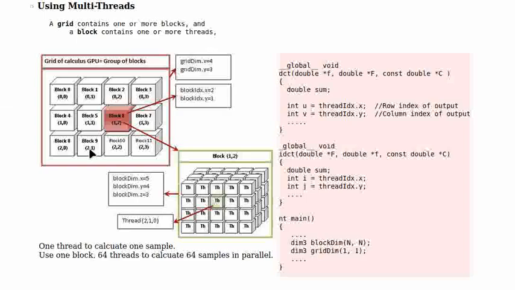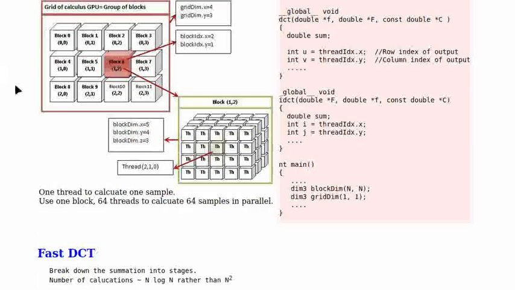So this is a grid of blocks, and we can have more than one block, and one block can have more than one thread. So now in our implementation, we use one thread to calculate one sample. And we'll use one block, and this block contains 64 threads to calculate 64 samples in parallel. 8 times 8, 64 samples.